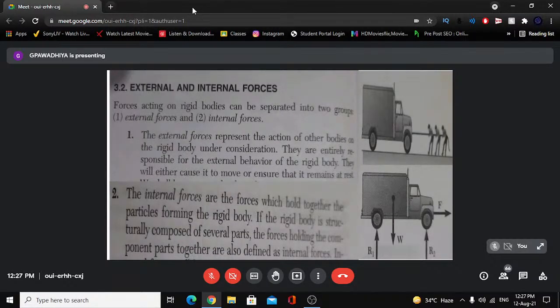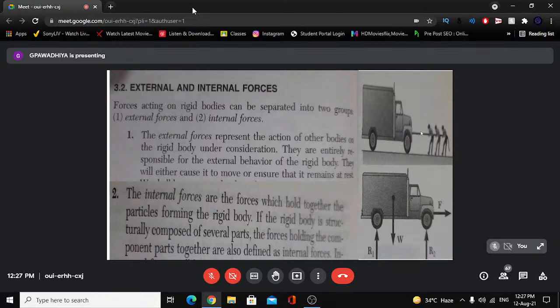Internal actions here are R1 and R2. If we draw the free body diagram here, then the rope will be subjected to some internal force. Induced force will be in the rope. If we draw the free body diagram of this particular truck, then we eliminate the people who are pulling it and simply write it as an internal action. So F will become an internal action on the rope.